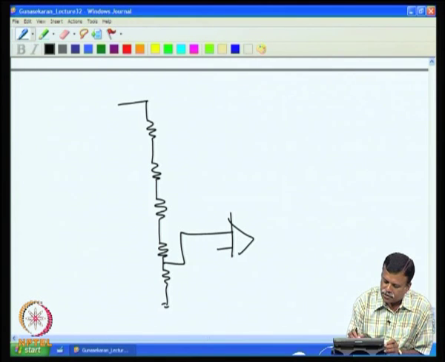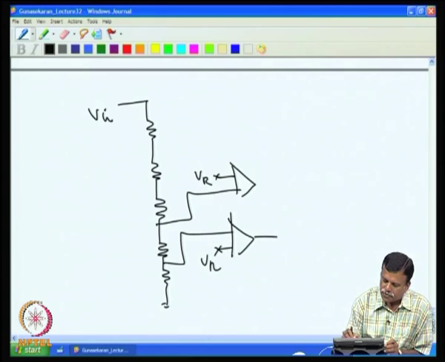So, we have a reference, we have V input here, and then we give this one to the second one, and then we have a V reference here and here. So, we have so many comparators and so many reference voltages. This is again given to V reference.